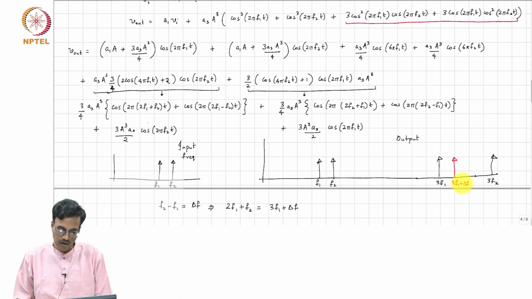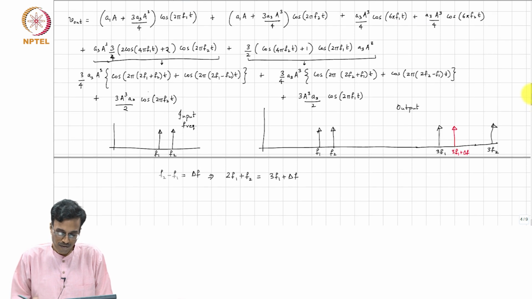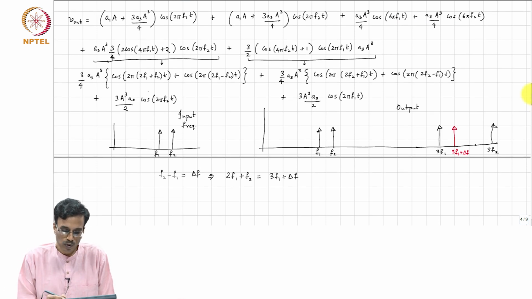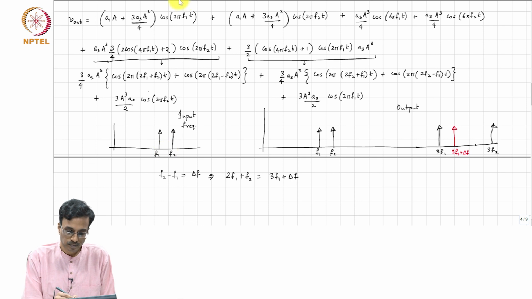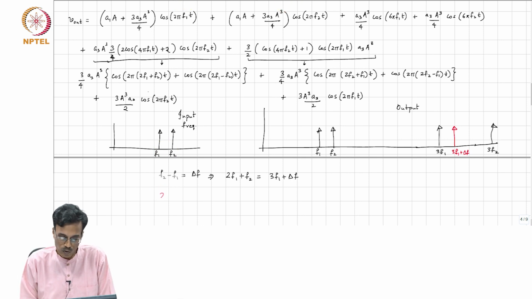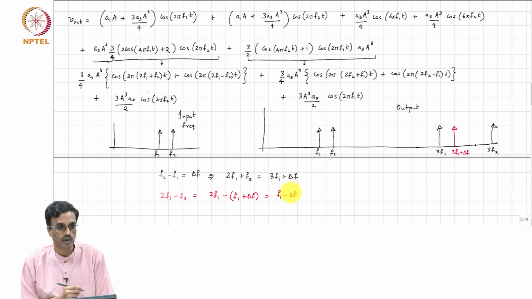And 2 f1 minus f2 is nothing but f1 plus f1 minus f2, which is therefore f1 minus delta f.